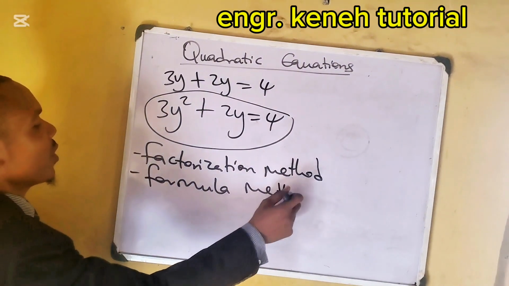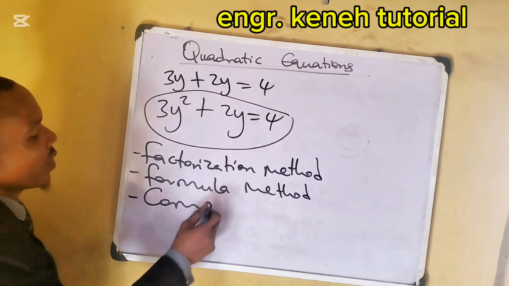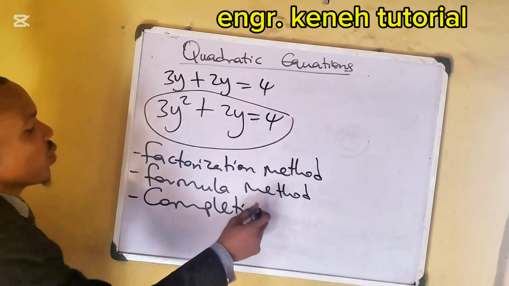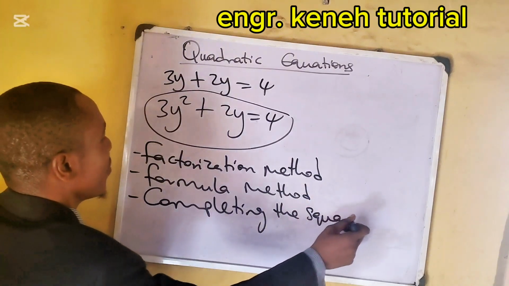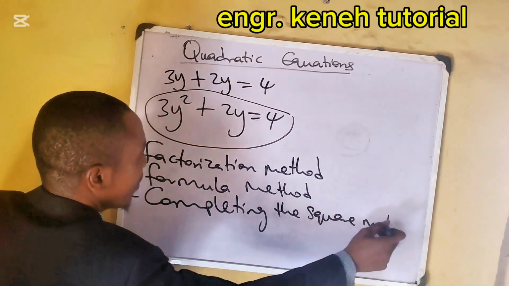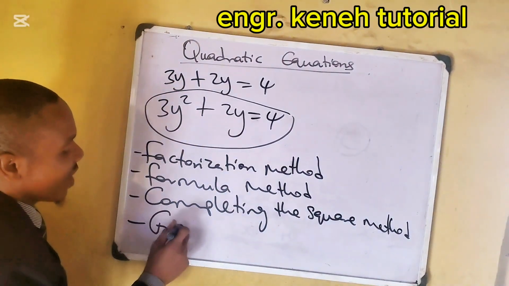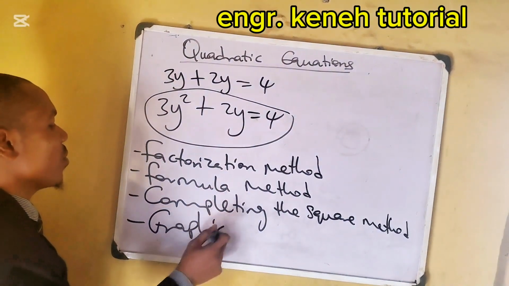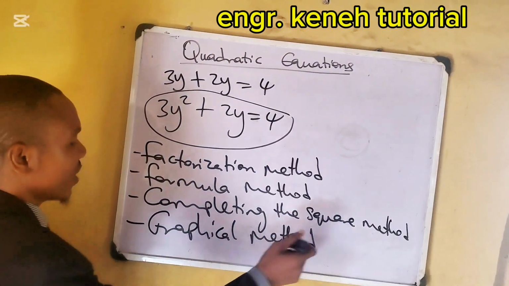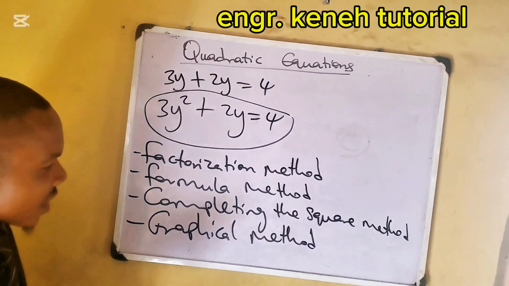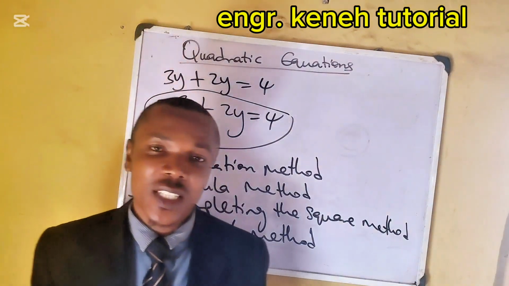Then we have what again? Completing the square method of solving quadratic equation. And we have the graphical method of solving a quadratic equation. Can you see? All right, so all these four methods, we can use them to solve quadratic equations.